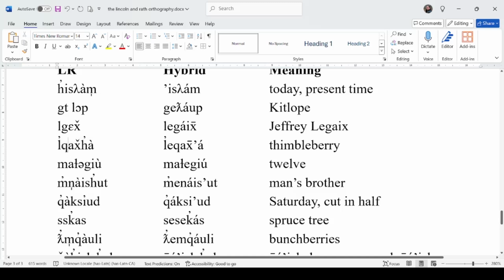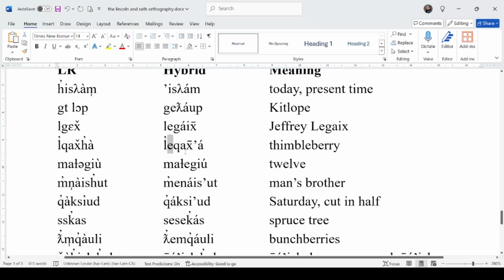The next example here is Lakacha. Again, we have a glottalized L right next to a Q and an A. We have a back X, the apostrophe H, and then a grave accented A. That's the Lincoln and Rath spelling. This is the hybrid spelling.